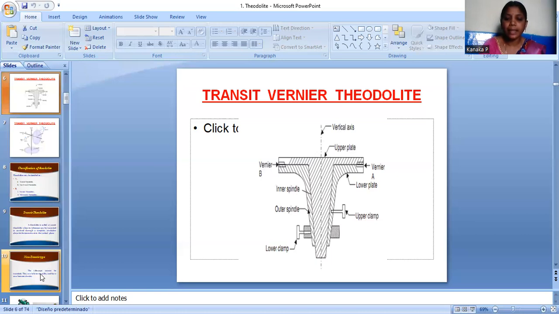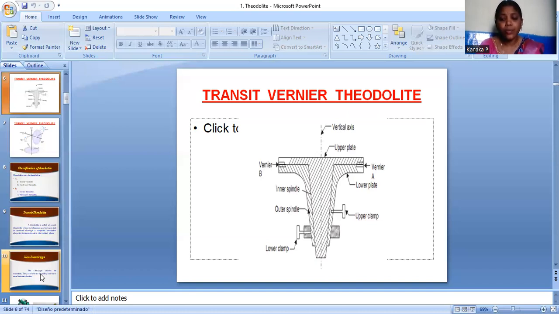Next one is the standards. This is shaped like the letter A. It is also called the A-frame, which is the supporting frame for the telescope. The tops of the standards are provided with bearings for the pivots of the telescope. Next one is the T-frame. The T-frame is also called the index bar.